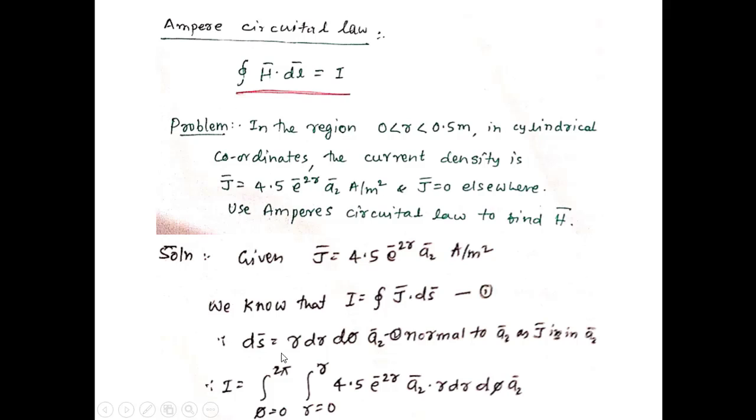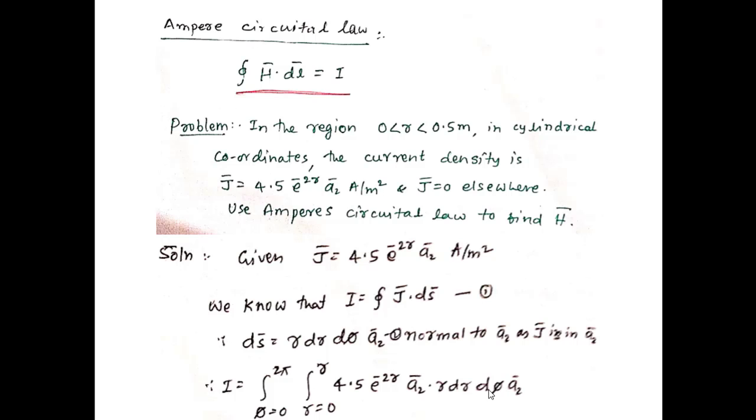Therefore, I is equal to, phi varying from 0 to 2 pi and r varying from 0 to r, substituting the value of J bar, 4.5 e raised to minus 2r az bar dot r dr d phi az bar. Then the dot product of az bar dot az bar is 1.